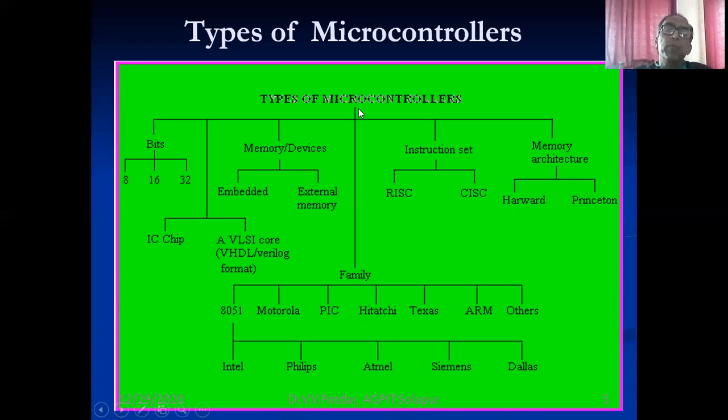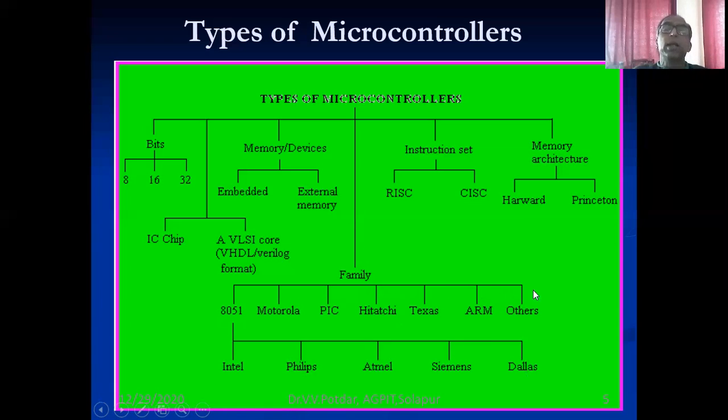Then we have one more family of microcontrollers. We have the 8051 by Intel, manufactured by Intel, Philips, Atmel, Siemens, and Dallas. Then Motorola has its own series, PIC has its own series, Hitachi has its own series, and Texas, ARM, and others have their own series.